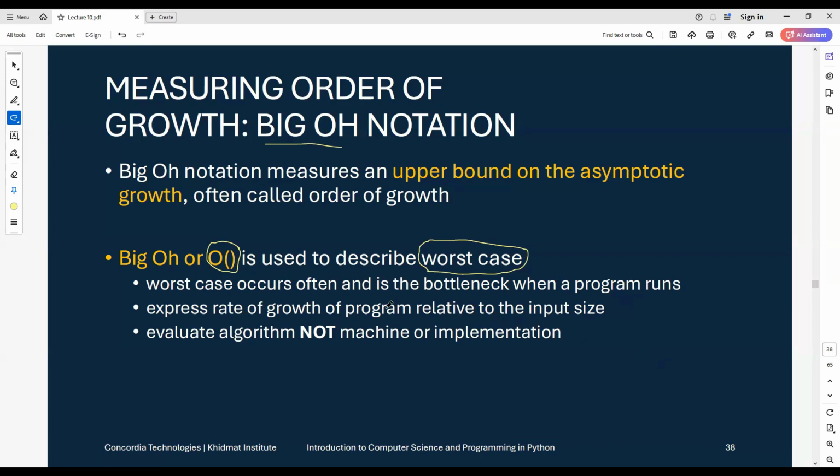We do that because the worst case is always the bottleneck within any algorithm. We can never be sure whether it will always run to the average case or the best case, and when measuring the complexity of algorithms, we always look at this worst case.